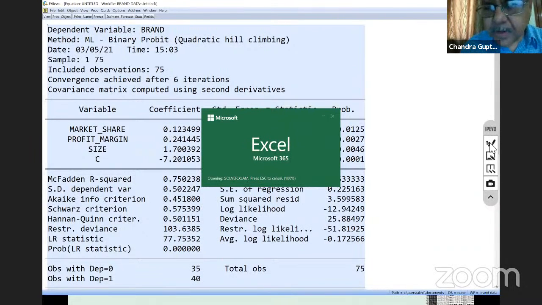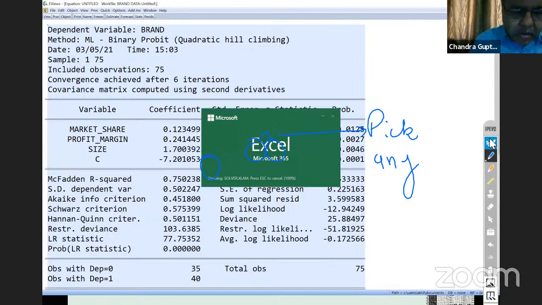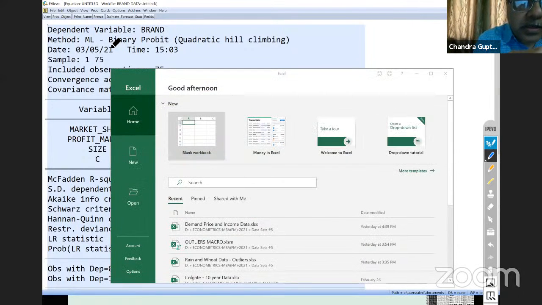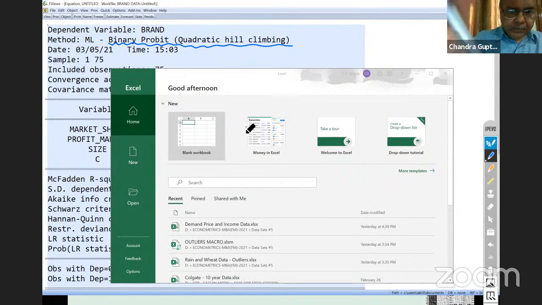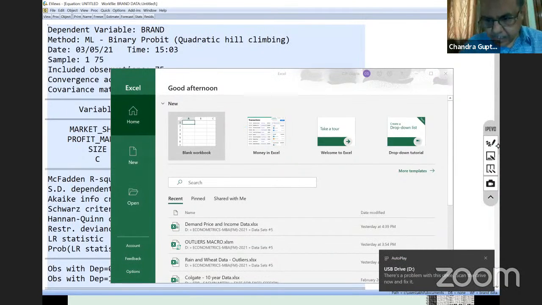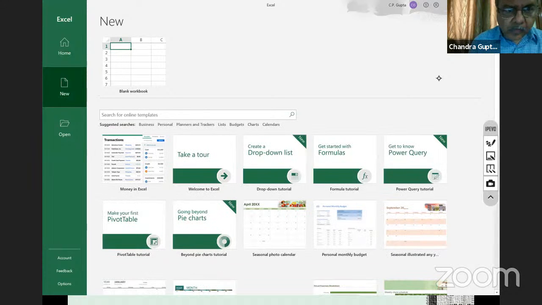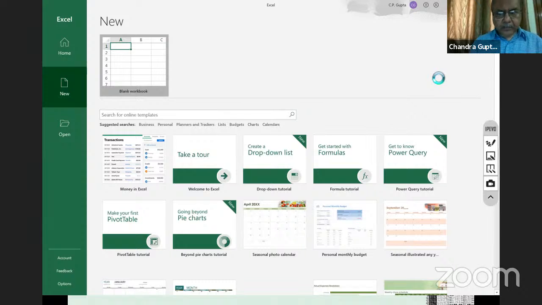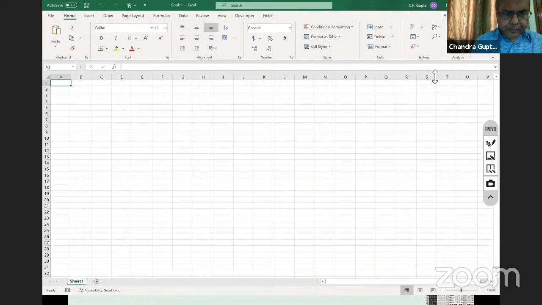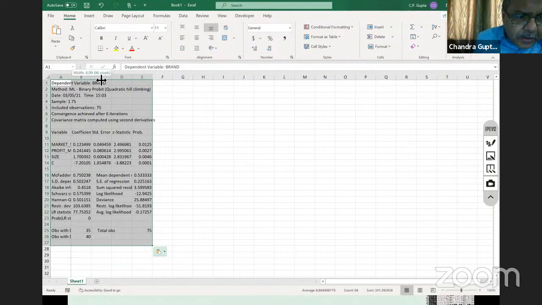If you see here, it says the method is binary probit. And that's the output I have copied here.